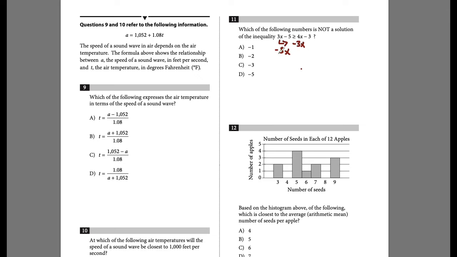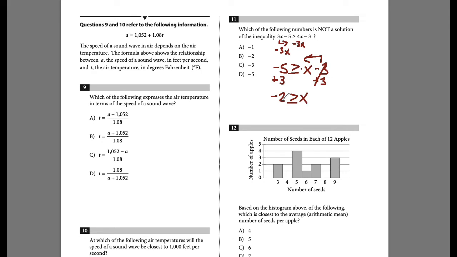On the left side, the 3x's cancel, and we're left with negative 5 is greater than or equal to 4x minus 3x, which is just x, minus 3. To get x by itself, we need to move the 3 over. We do that by adding 3 on both sides. So negative 5 plus 3 is going to be negative 2 is greater than or equal to x.